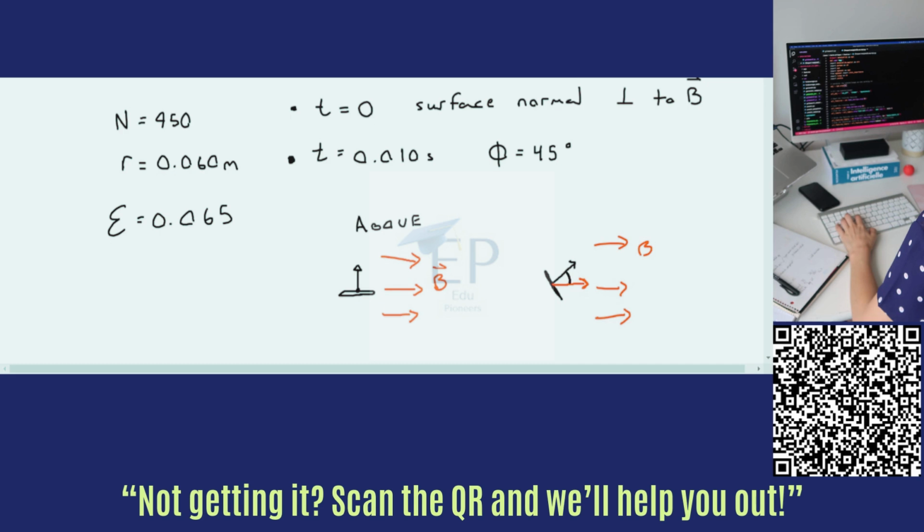So what we want to do is, given that we know what EMF is induced in our loop in this time period, we want to determine what the strength of the magnetic field has to be. So if we just recall, Faraday's law of induction states that the induced EMF in our loop here is going to be equal to minus the number of loops we have times the change in flux in a single loop over the change in time.